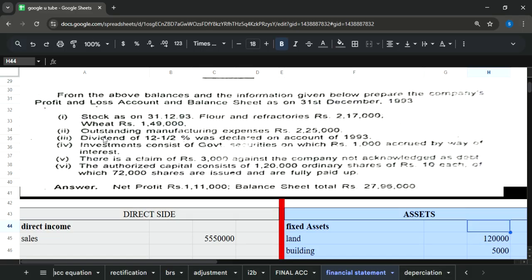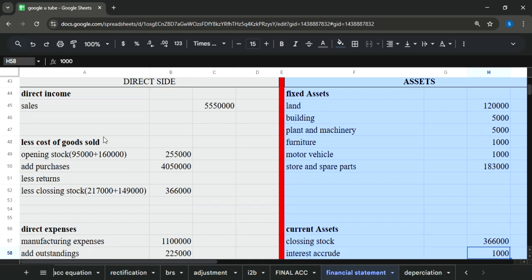These calculations would be started from the direct side. There were no returns, so finally these sales would be considered as net sales. The first part of the cost of goods sold statement would now be calculated. Now we are calculating opening stock plus purchases minus closing stock.